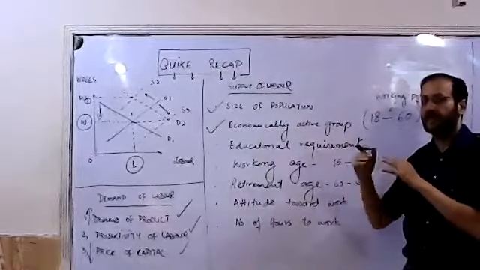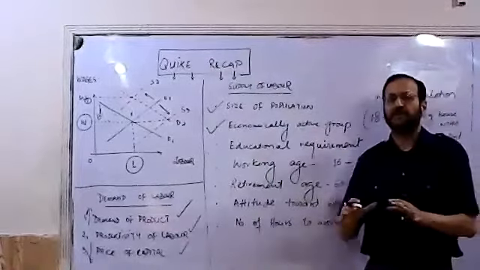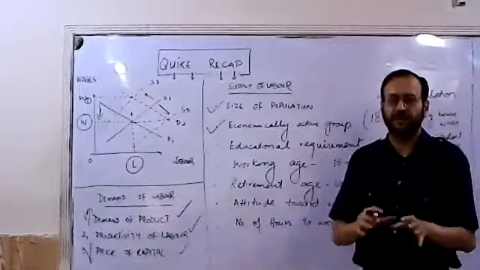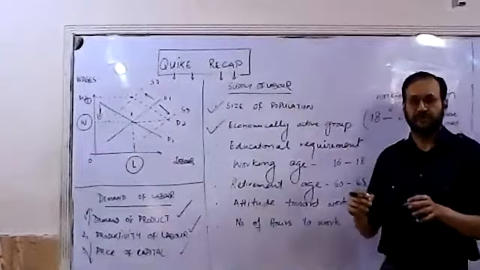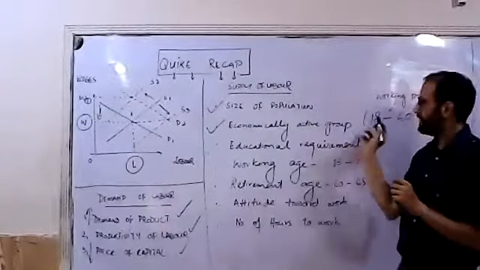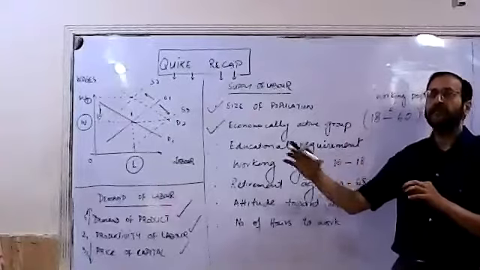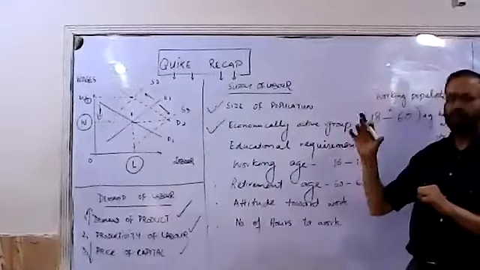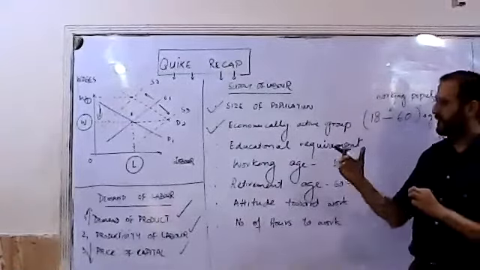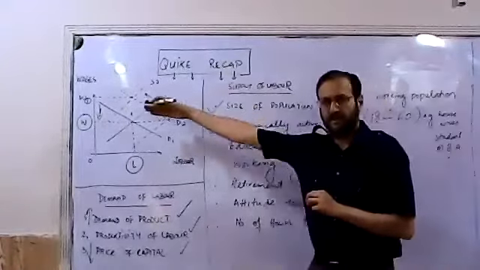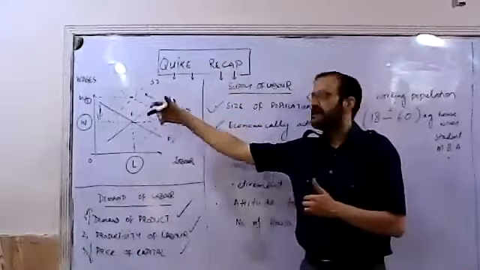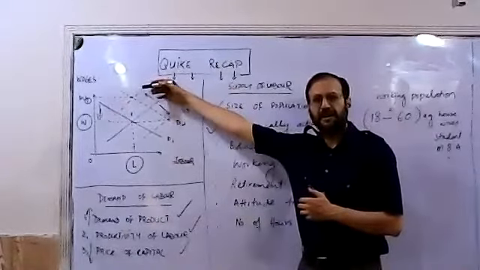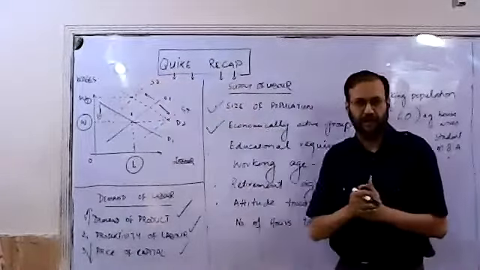So in any country where youngsters above 18 carry on with their education and don't want to work, we will see a great reduction in the supply of labor in that economy.